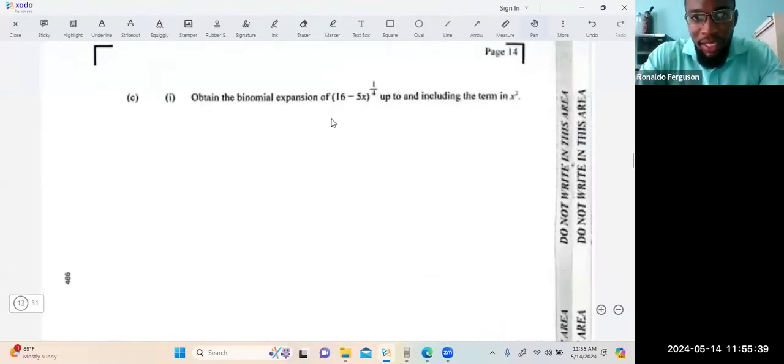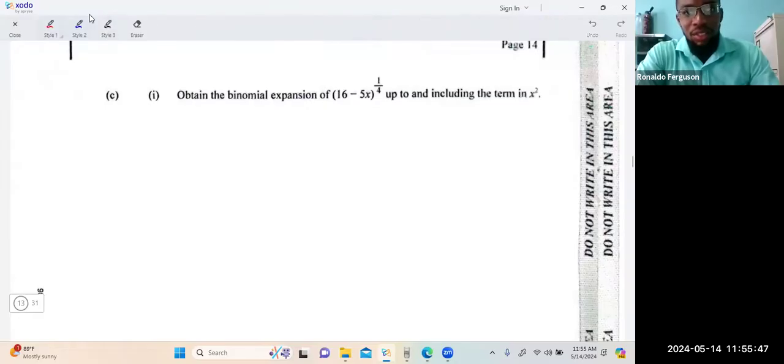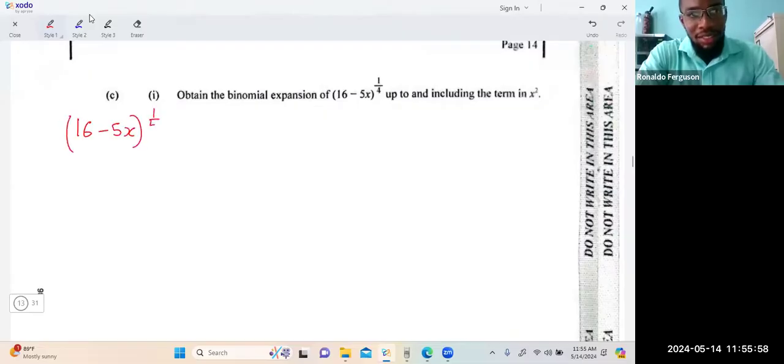Obtain now the binomial expansion of this up to and including the x squared term. All right. So first thing is we notice that to do binomial expansion, you need it in the form 1 plus nx. So I have to factor out 16. So I have to say 16 minus 5x to the quarter is equal to 16 in bracket 1 minus 5 over 16 x.